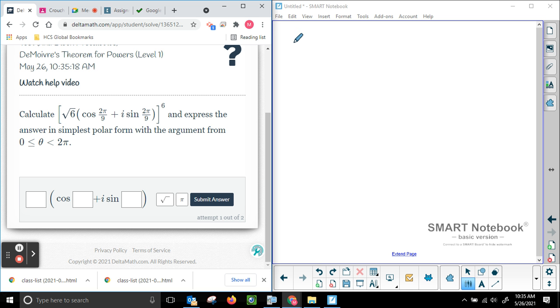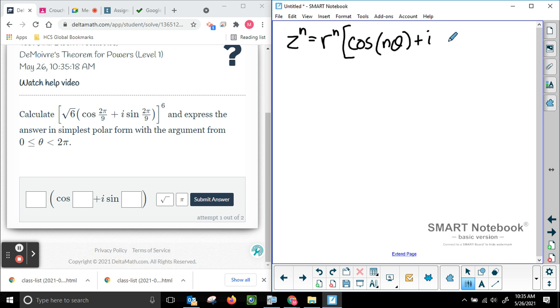Remember, z to the nth power is equal to r to the nth power times cosine of n times theta plus I sine of n times theta.